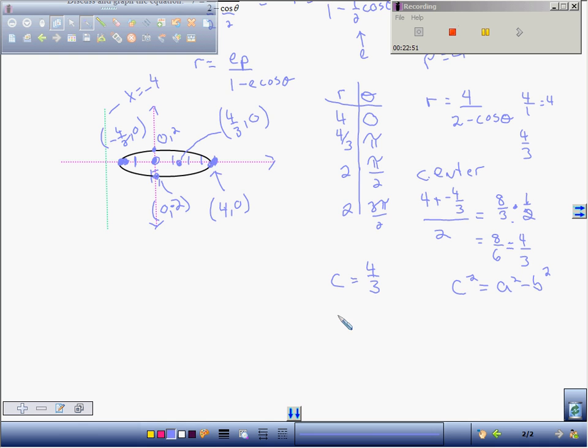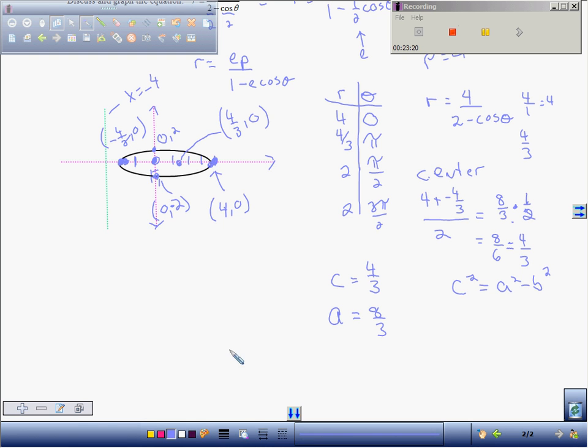Okay? A is going to be the distance from the center to 4. So that's 4/3, that's 4. So if I go 4 minus 4/3, that's 12/3 minus 4/3. A is going to be 8/3.